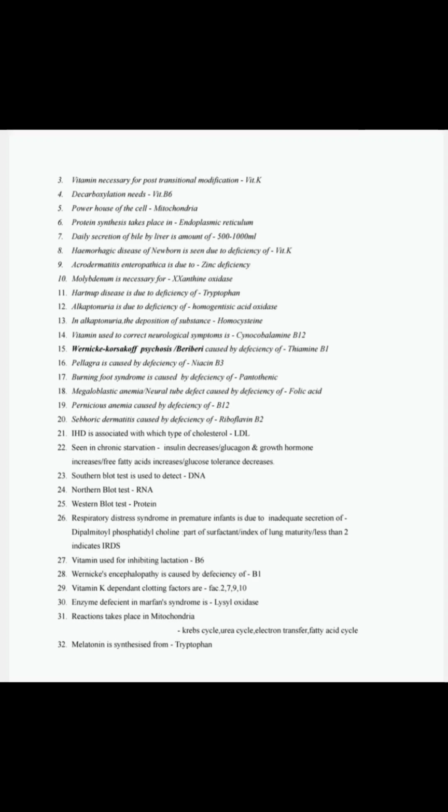Amino acids excreted in the urine in cystinuria are cysteine, ornithine, arginine and lysine. In maple syrup urine disease, the amino acids excreted in urine are leucine, isoleucine and valine. Sulfur-containing amino acids are cysteine and methionine. Conjugated hyperbilirubinemia is seen in Dubin-Johnson syndrome.